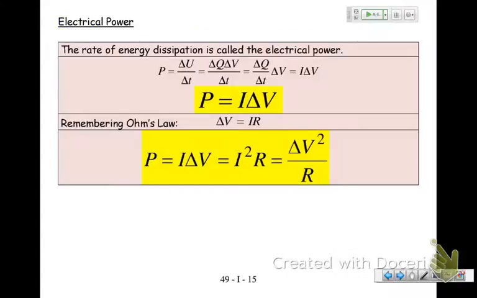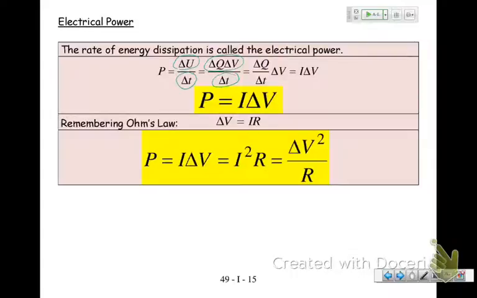Last little bit. This is another thing that tends not to be answered so well: the rate of energy dissipated, that's expended, is termed electrical power, the time rate. So power equals energy per time, and the energy is my charge multiplied by my potential difference, divided by time.